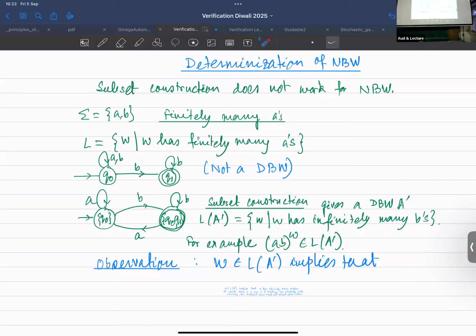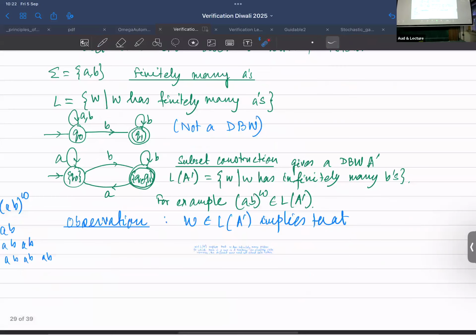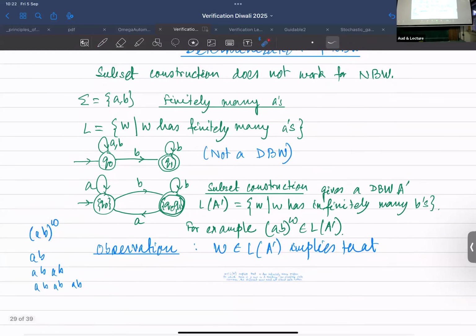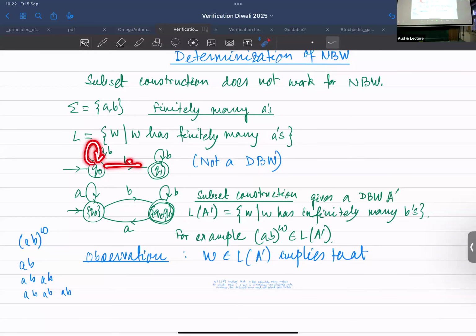Okay. So for example, let's say I talk about (AB)^ω. So I talk about AB, AB, like this. So there are infinitely many prefixes, AB, right? So if I consider a run for this, a run for this, a run for this, you can see that I can have a run like this, AB.